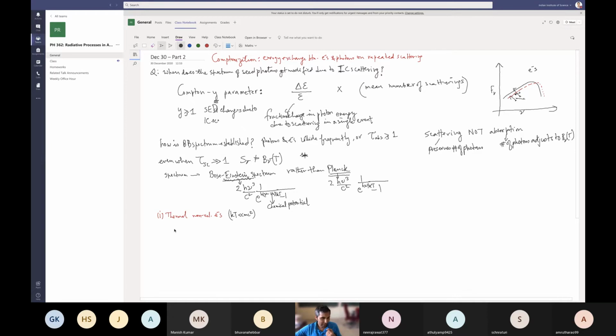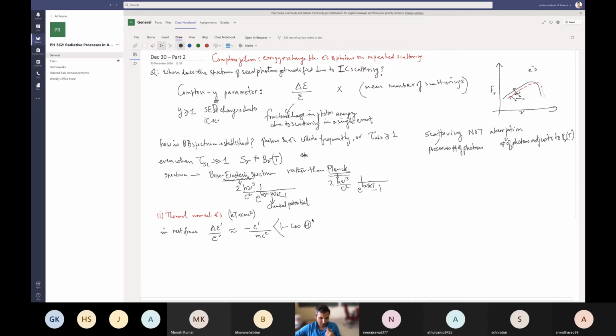In the electron rest frame, we have delta epsilon prime by epsilon prime, the change in energy relative to the energy itself, equal to minus epsilon prime by mc squared times 1 minus cos theta.